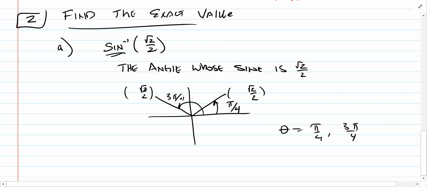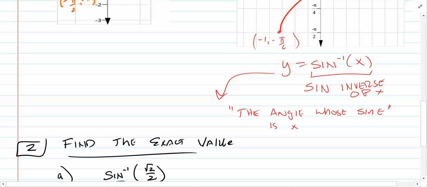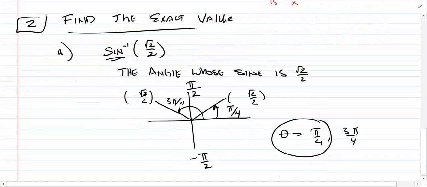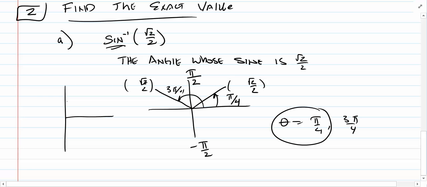The answer is we only choose pi over 4. The reason is because 3 pi over 4 is outside of the domain for the inverse sine function. Remember, the domain for our inverse sine function only lives between negative pi over 2 and positive pi over 2. Sine is positive in quadrant 1 and negative in quadrant 4.